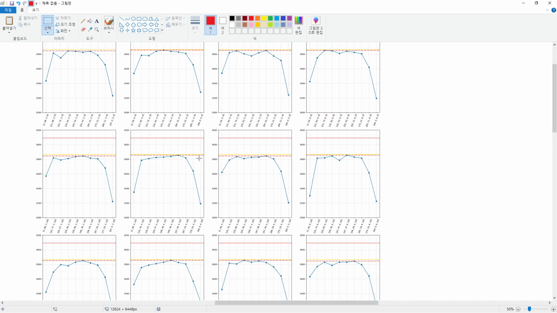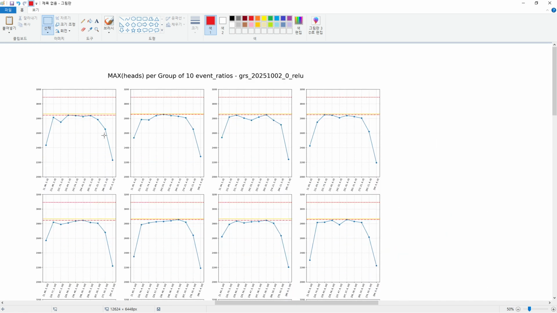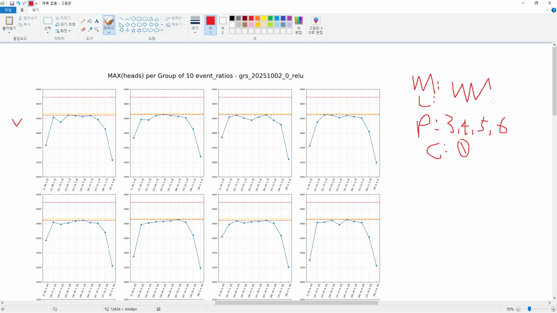Yeah. So in the first row, in this row, we have the chill ratio, which is 0, and then the procreate ratio will go from 3 to 6, and then the ratios for M and L will always be oscillating, always giving and taking back and forth.